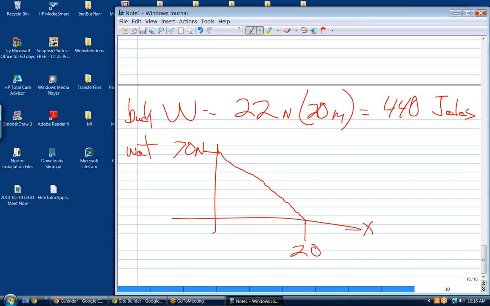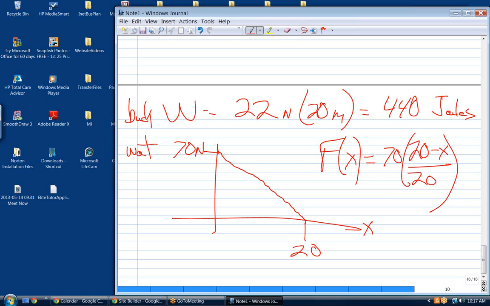So the force needed to lift the water is equal to the water's weight, which decreases from 70 to 0. When the bucket is x meters off the ground, the force of the water, based on that graph, is 70 times (20 minus x) over 20. This is the original weight of the water, the 70, and this is the proportion left at elevation x.